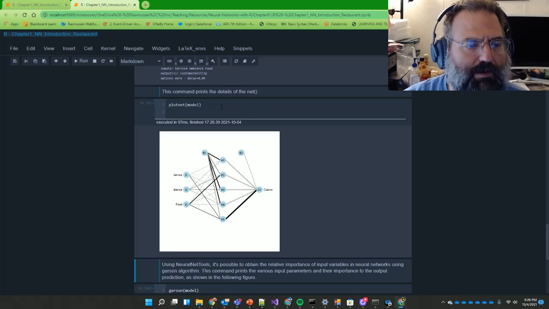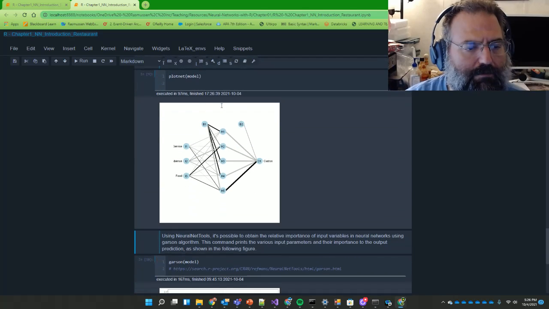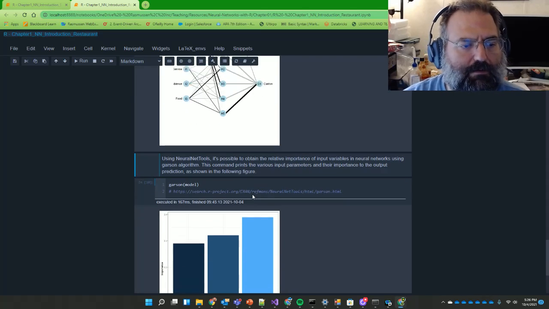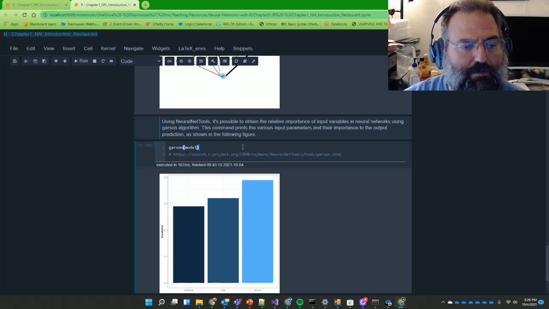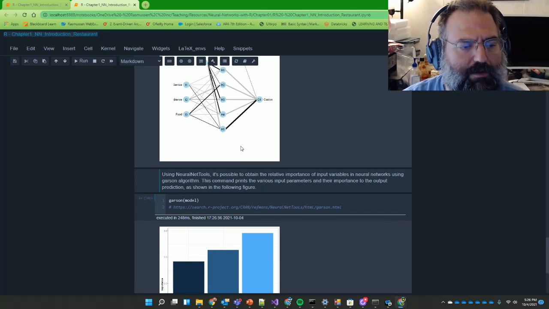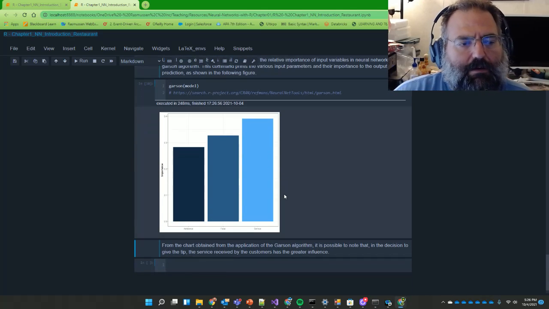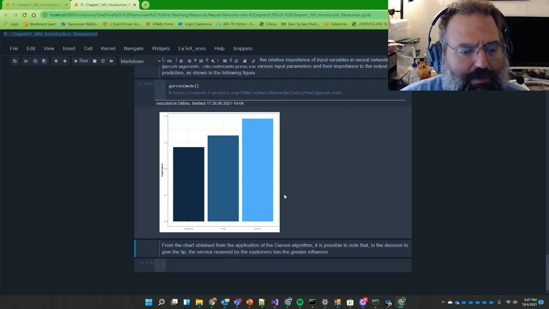And so again, we've got 5 nodes in the middle here, hidden. There are 3 inputs, a bias, and another bias that affects the output. One of the interesting things here is the Garson, which is a way of presenting the factors inside of a neural network that are contributing the most, right?